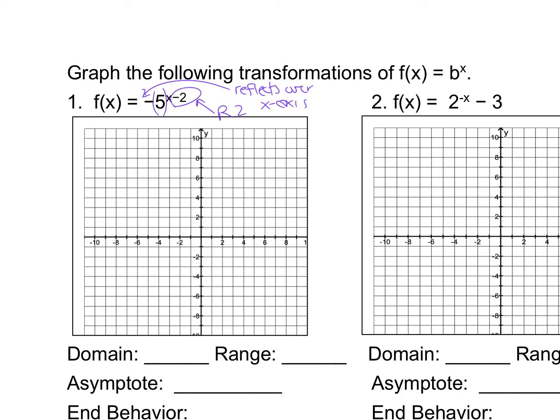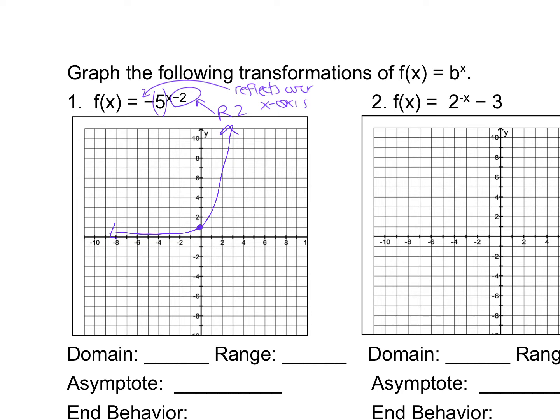All right, so to start off with, I'm just going to graph the original, and then we're going to do the transformations to it. If you want to do it all at the end, that's fine, as long as whatever you're doing is something you're capable of doing on your own, okay? So based off of this fact, if I was just graphing 5 to the x, because that's the basic idea of this one, every exponential function goes to the point (0, 1), increases up to the right because that 5 is larger than 1.